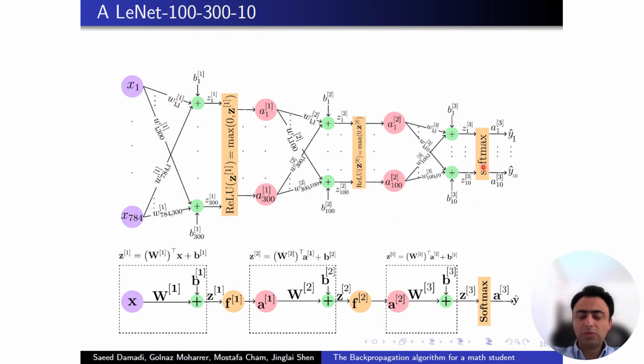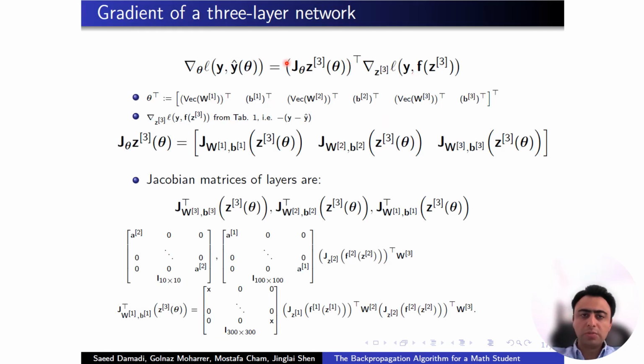Here is LeNet 100-300, which is used for MNIST classification. It is a network that can classify the MNIST dataset and classify digits very efficiently with an accuracy of 98%. We can do the same thing, separate out the softmax function, and do whatever we did before. So we start with the gradient in terms of two terms.